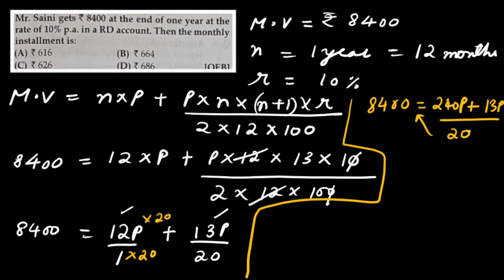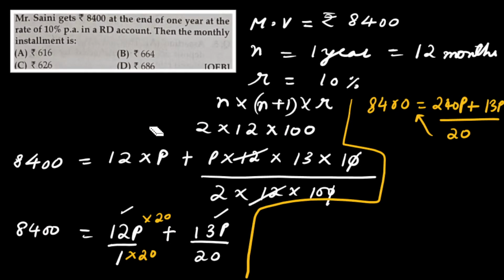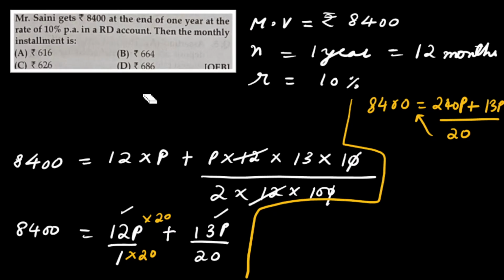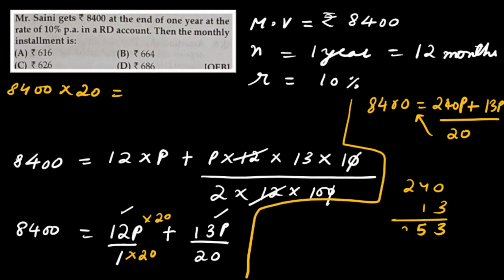Here 20 is getting divided, so when we shift it to the other side, it will get multiplied. So 8,400 into 20 is equal to 240P plus 13P. 240 and 13 we can add, so this is 253P.